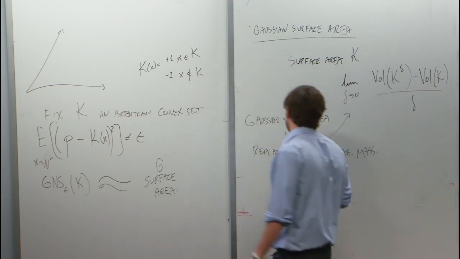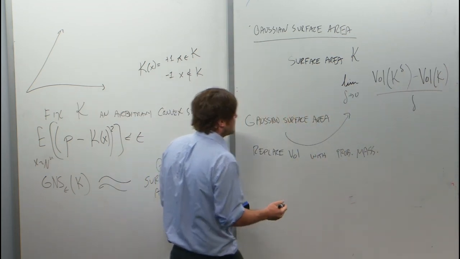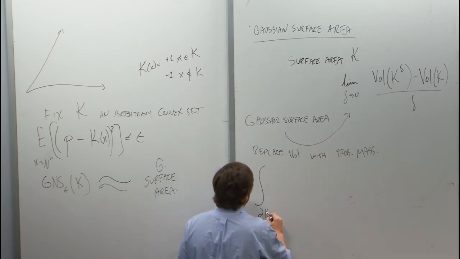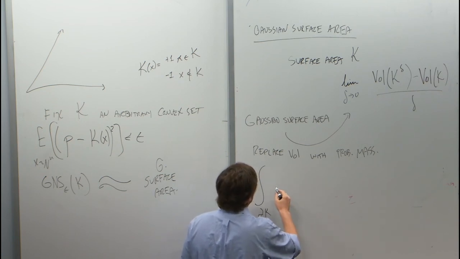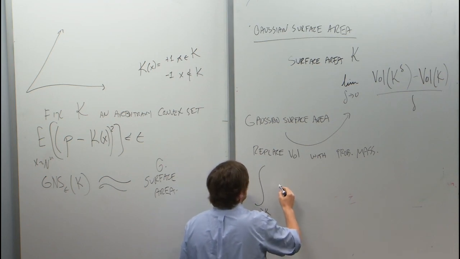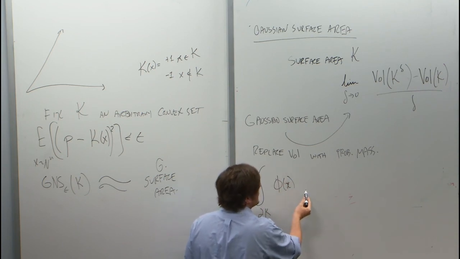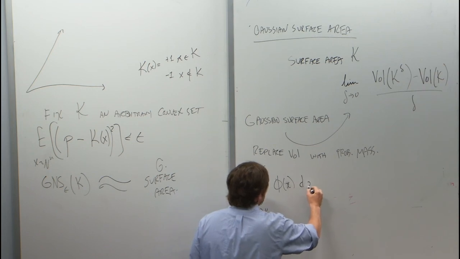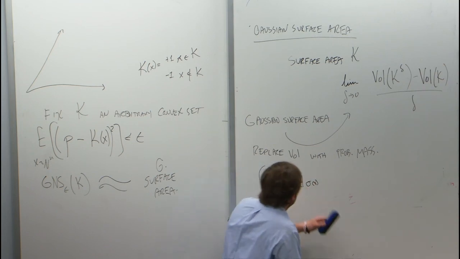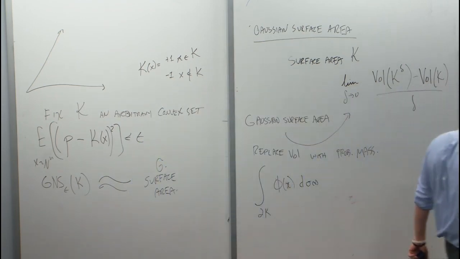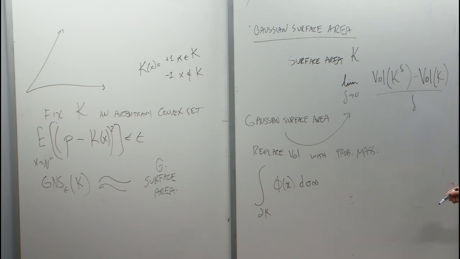There's also, if your set is sufficiently smooth, you can define it as a surface integral: you integrate along the surface of your convex set the Gaussian measure with respect to some surface measure. So for example, if you wanted to calculate the Gaussian surface area of a half space, let's say of the half space x equals 0.